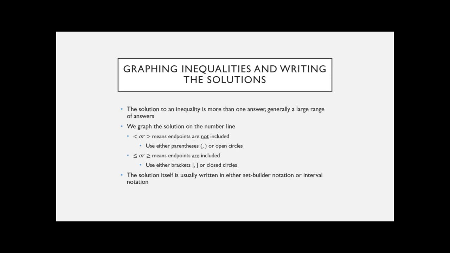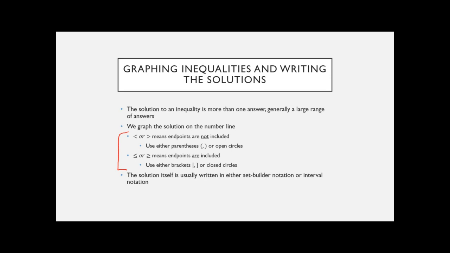But the key thing is what the symbols mean. And this part is really important. If we have a less than or a greater than symbol, the little arrow without the line underneath, that means that our endpoint is not included, is not an answer.